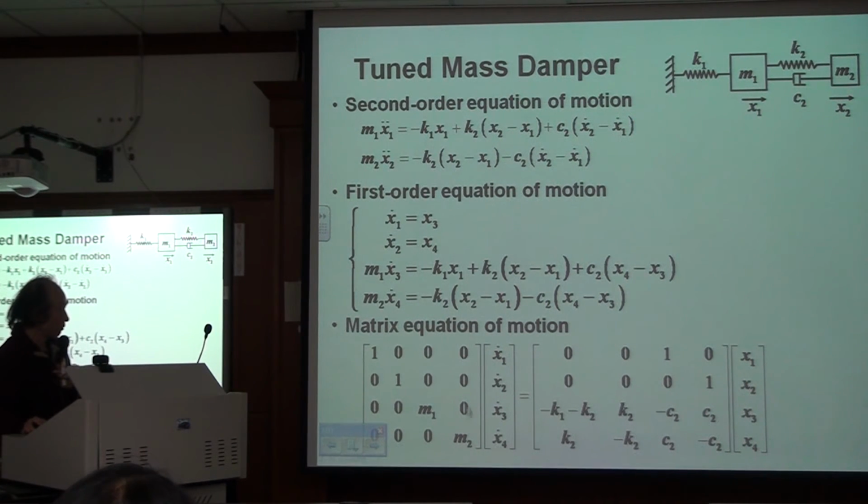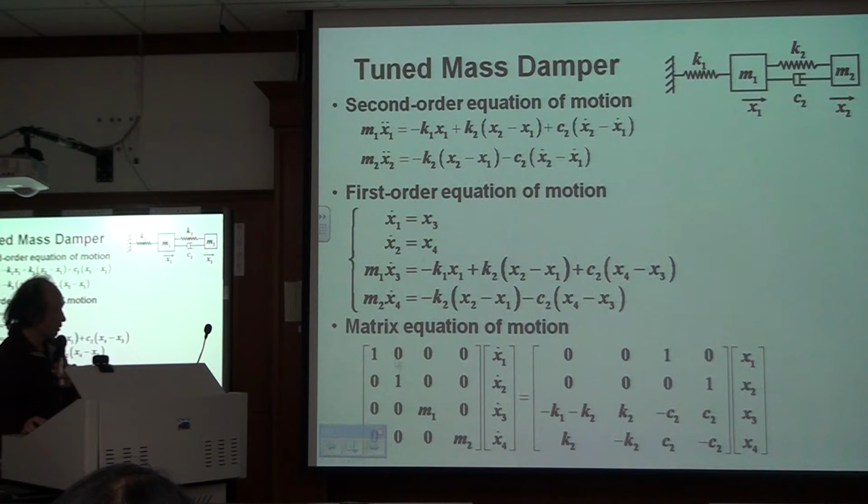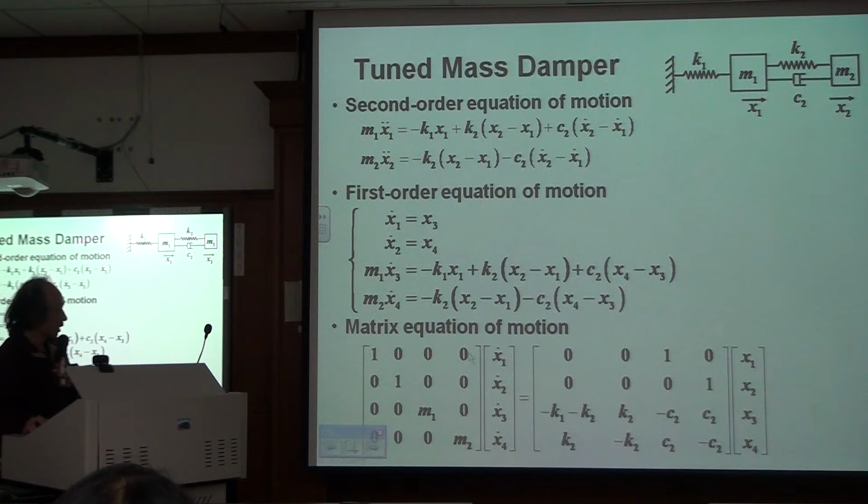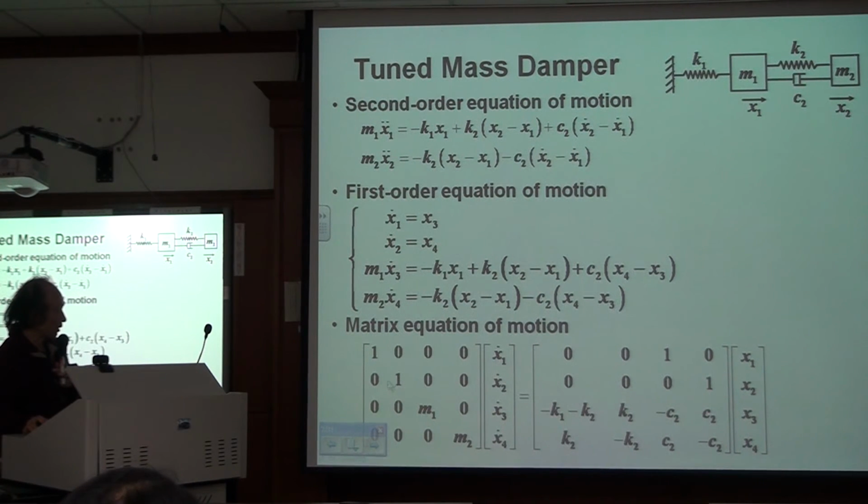We call it the mass matrix, well, it's not really a mass matrix. And then we have another 4x4 matrix related to the spring and damper.